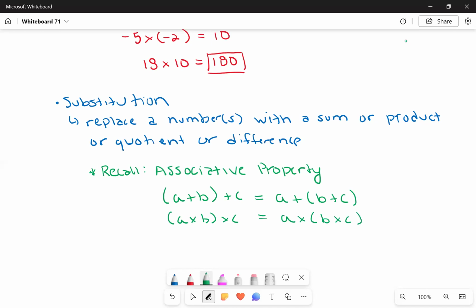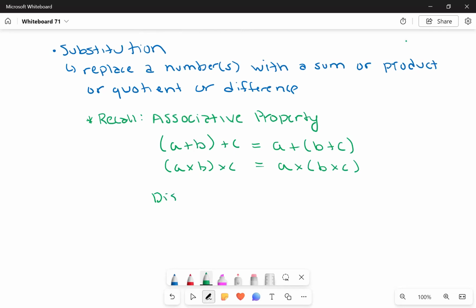And then the distributive property. The distributive property combines multiplying and either adding or subtracting. So let's say we have A times B plus C. That becomes A times B plus A times C. Sorry, I just wrote the A next to the parentheses.